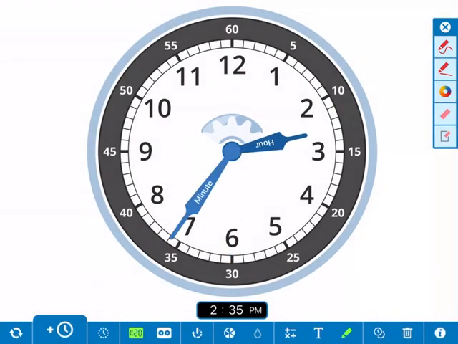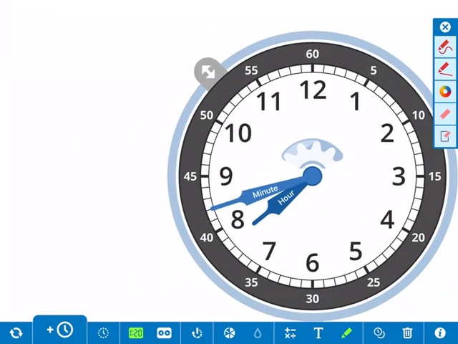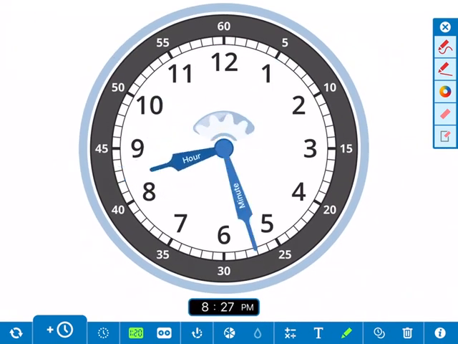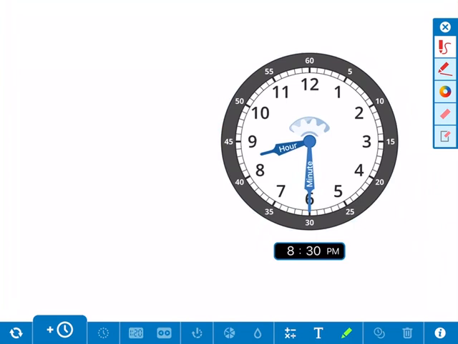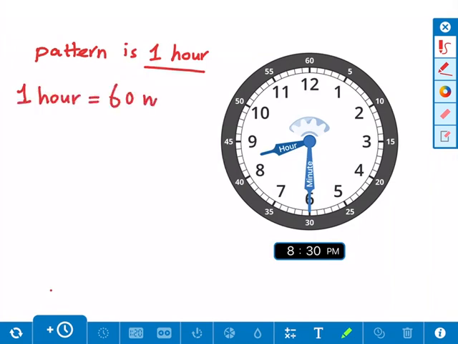So they said they will start at 8:30. This is 8:30. Don't forget, let me make it a little bit smaller. Don't forget that our pattern is 1 hour. 1 hour means 60 minutes.